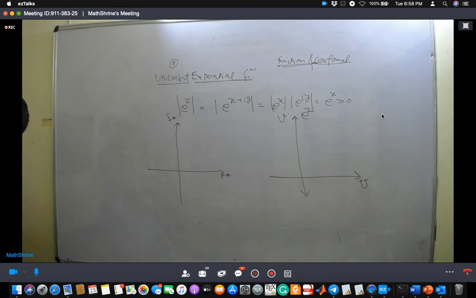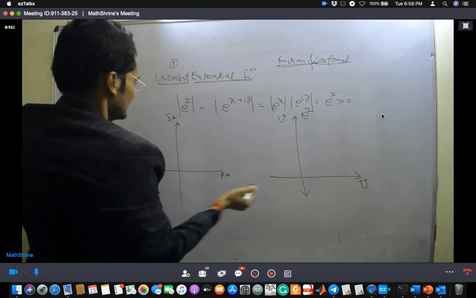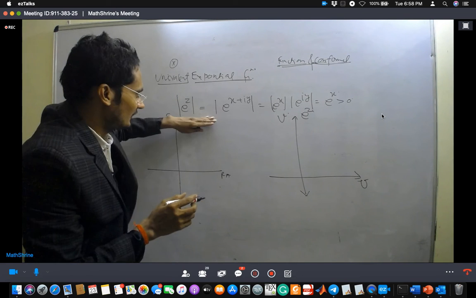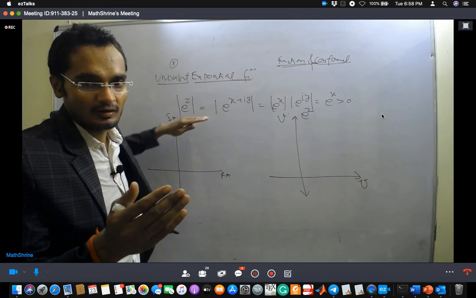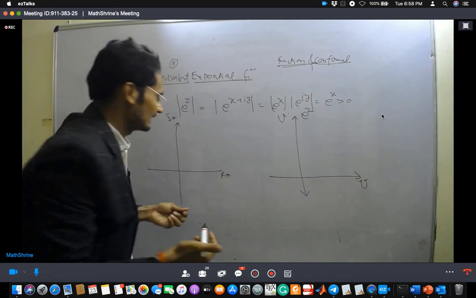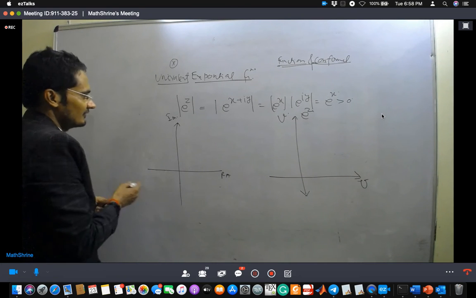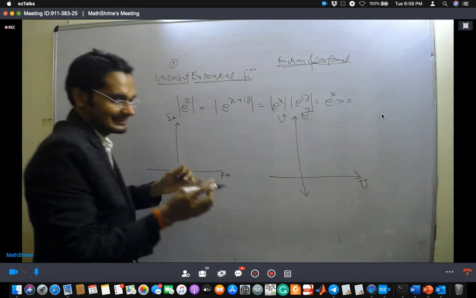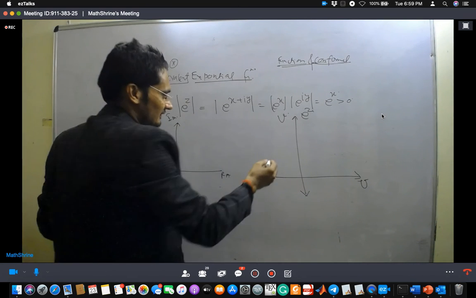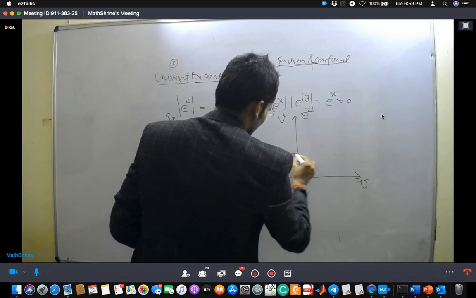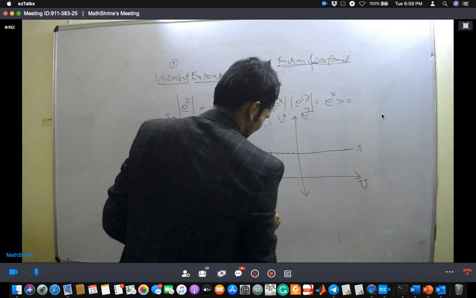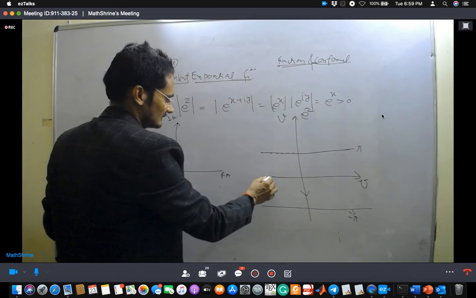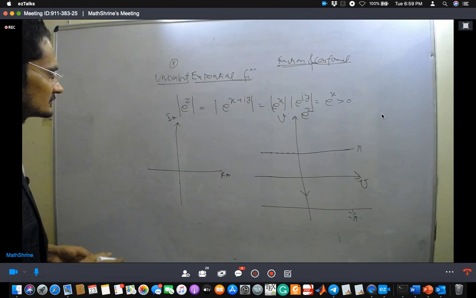This implies that it will repeat its value after 2 pi iota. If I write here some number, say pi, and say minus pi, this implies that the whole complex plane under the exponential function contains all these values in a strip of this type.